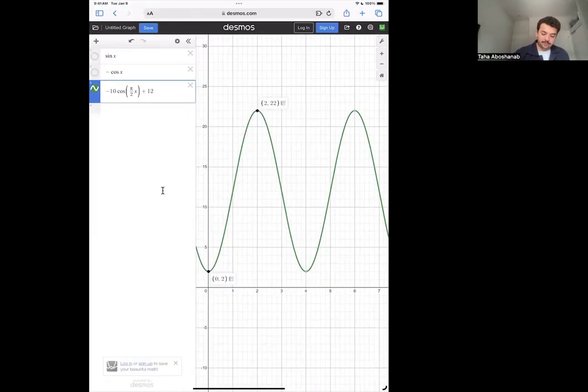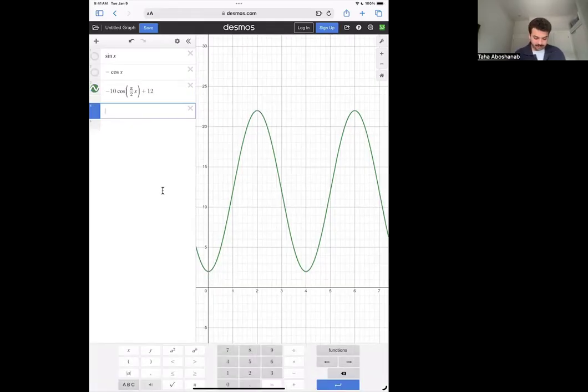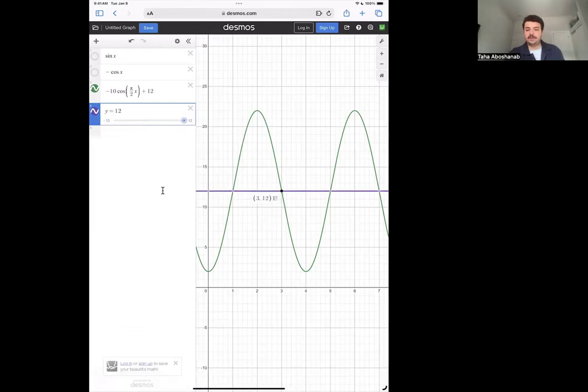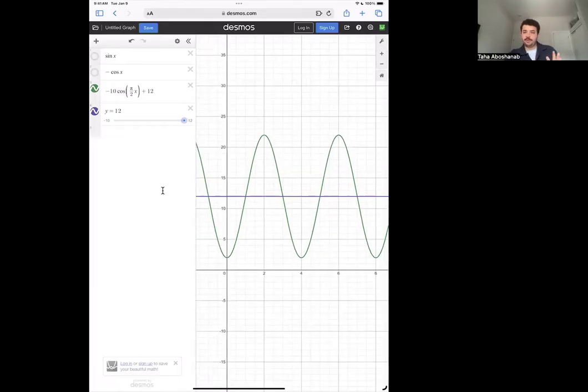And your midpoint would be around 12. So we can sketch this, y equals 12. That's your middle point, or your equilibrium line. Okay. Let me know if you have any questions. If not, we can move on to the next example.